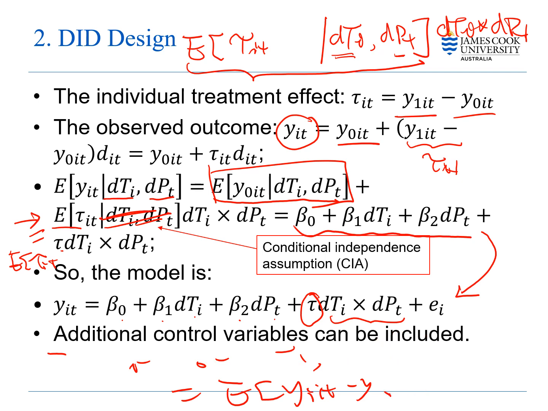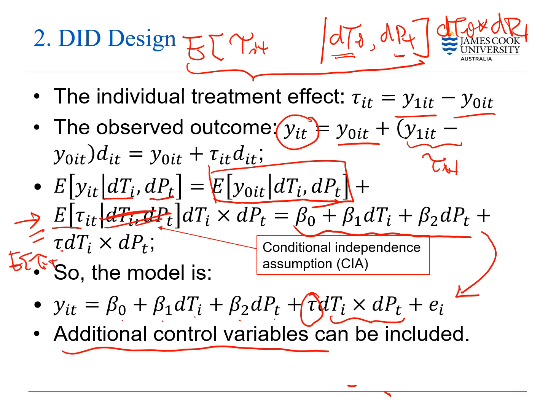In my specification here, I do not include any control variables, so I'm implicitly assuming that everything else is held constant. If not, you need to include additional control variables, say you add x prime beta 3.